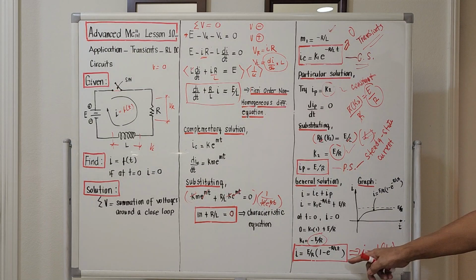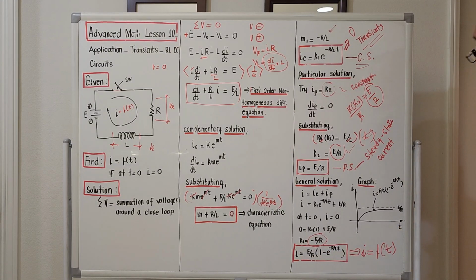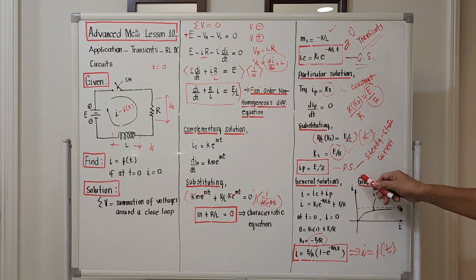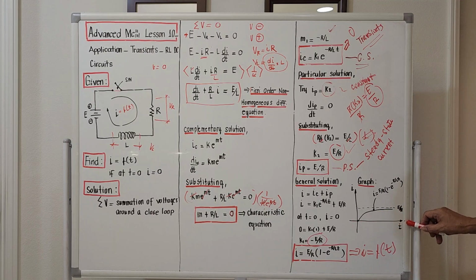At any moment in time, just specify the time, you could compute for the current. And the graph of this is something like this. The ordinate will be the current and the abscissa will be time.